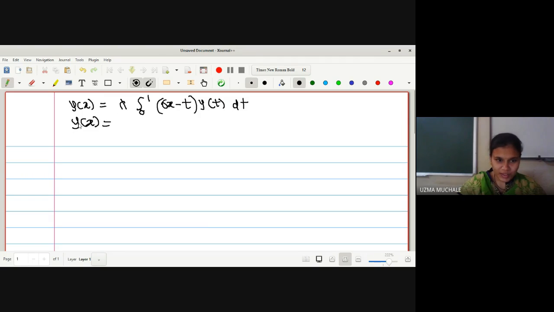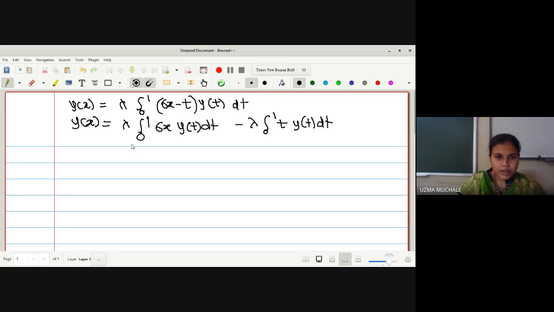Let us go for solving this. y of x is equal to lambda. Then what do we have to do? Simply we are going to write this as integration 0 to 1 of 6x y of t dt minus lambda integration 0 to 1 of t y of t dt.